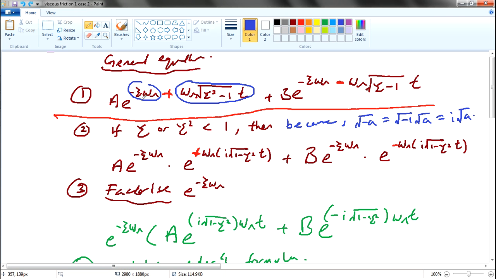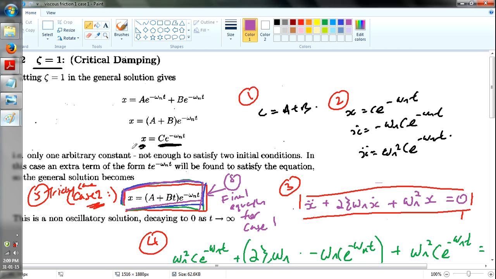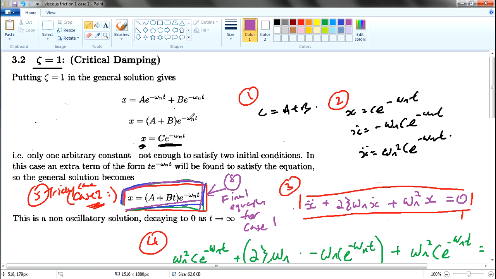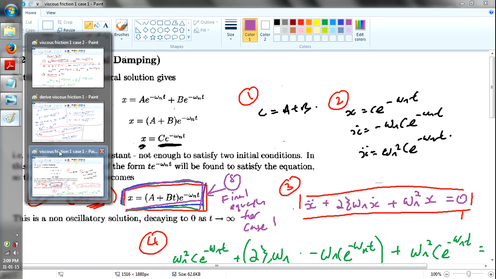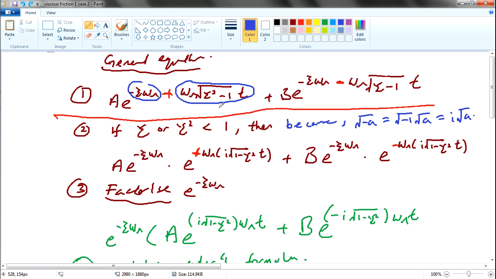Therefore we are left with this only, so we don't care about this. Then we factorize this one out, and we have A plus B e to the minus omega nt. So we essentially eliminated this portion.